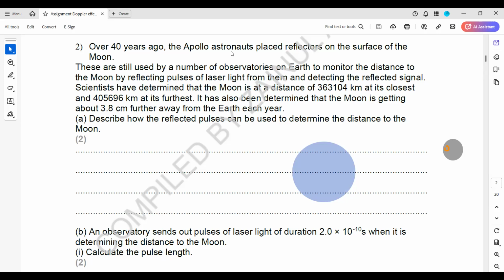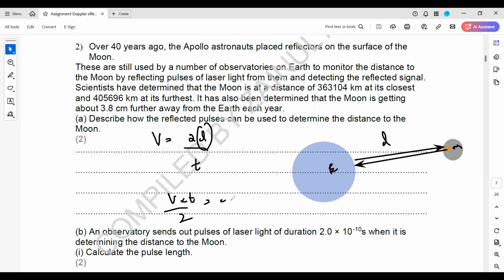The pulse will be sent to the moon, and then that pulse will bounce back. We use the formula speed is distance over time, but the distance will be 2d, as the distance between the Earth and the moon is d. So the distance traveled by the wave will be 2d. And if we need the distance, it will be speed times time divided by 2, and that will be the distance.